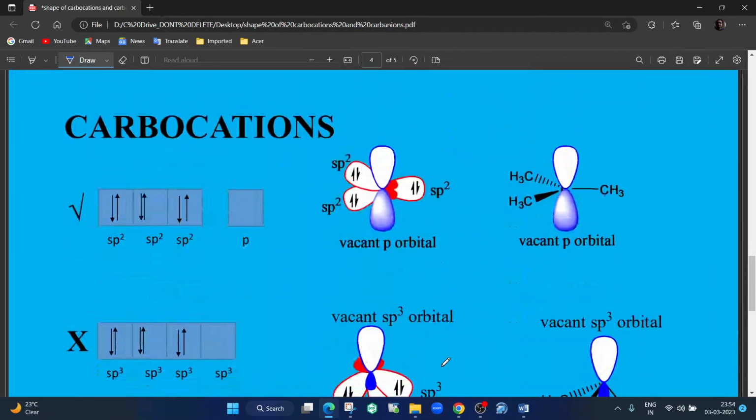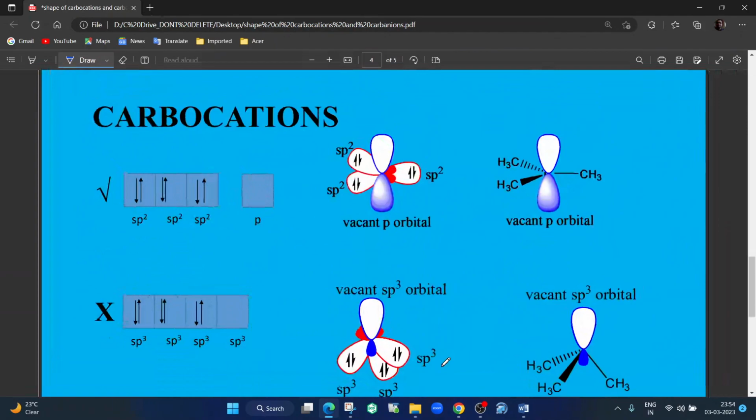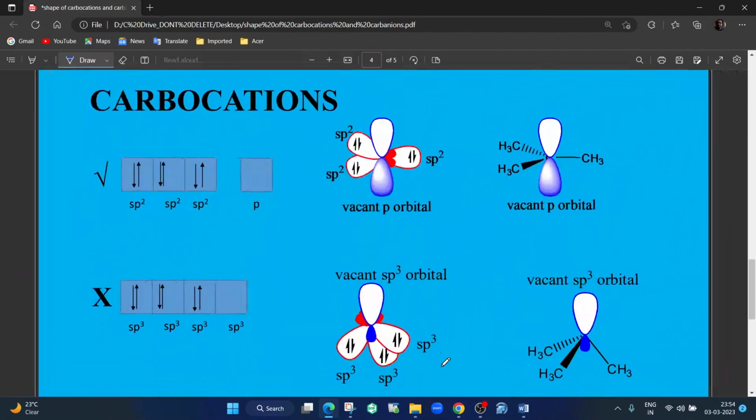Moving on. Now let us look at carbocation, right? So if you look at carbocation, two possibilities were there. One was correct, one was wrong. Let us look at the correct first and then we talk about why it does not happen otherwise. So we know carbocation is sp2 hybridized. There are 3 sp2 hybridized orbitals which are shown here and there is a vacant p orbital.